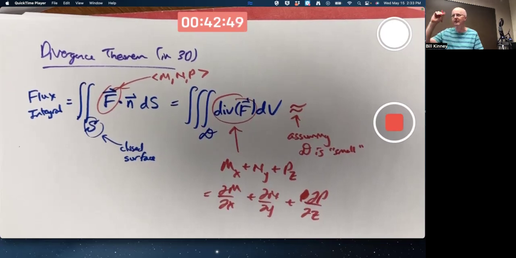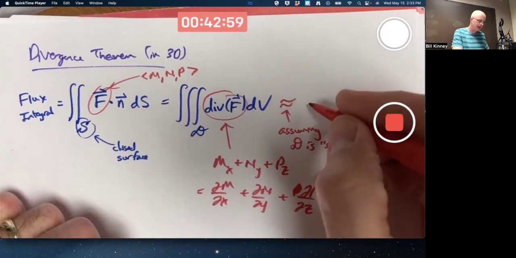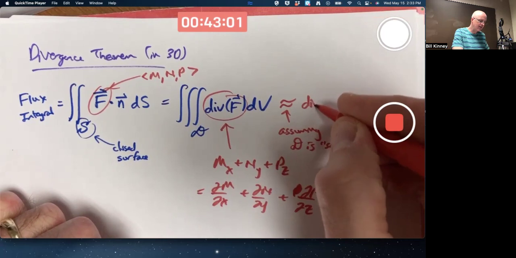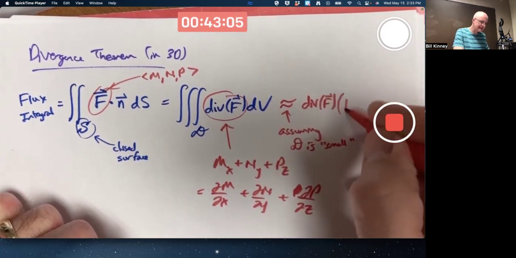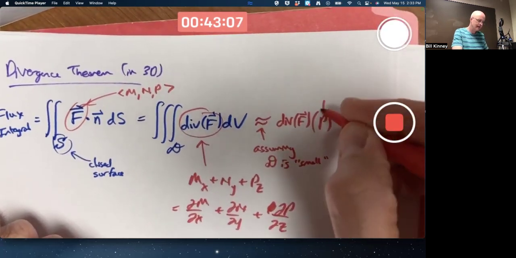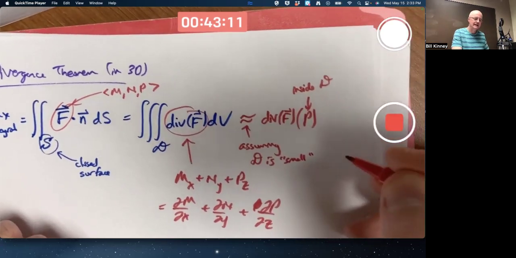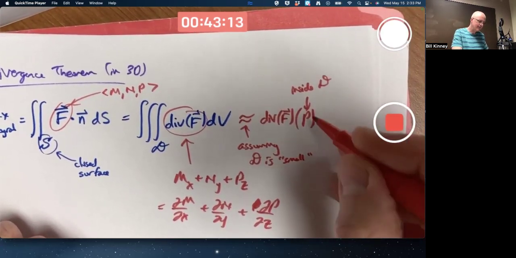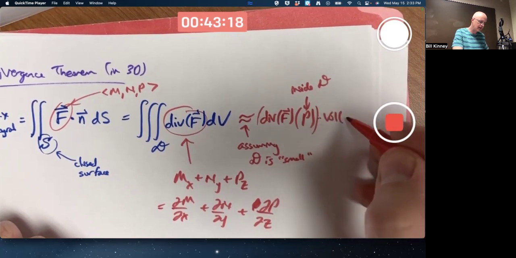Just imagine, if you want to get extreme, you could say it's microscopic. A microscopic volume, you could approximate this triple integral as the value of the divergence of F at some point P inside D, times, this is a number, times the volume of D, excuse me.